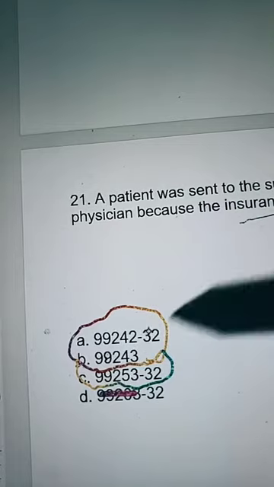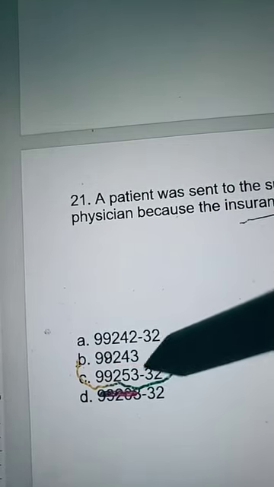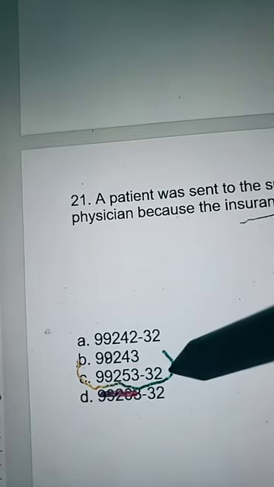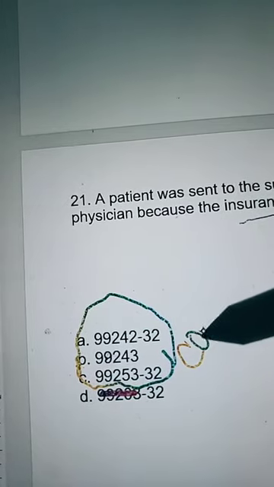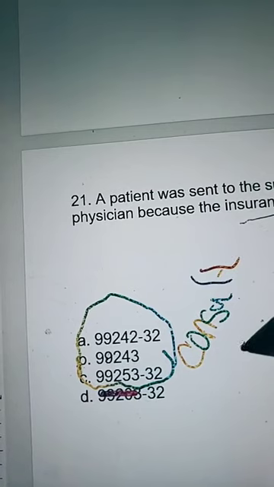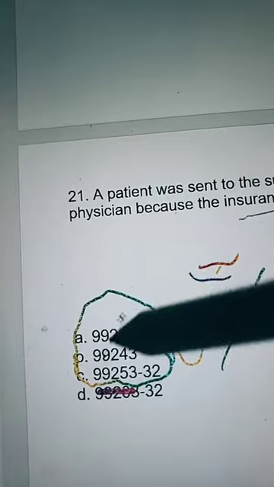Would any of those three qualify for that, because it says the insurance company is requesting that? For these three, those are all under the consult tab in the E&M section. Do any of those three qualify?